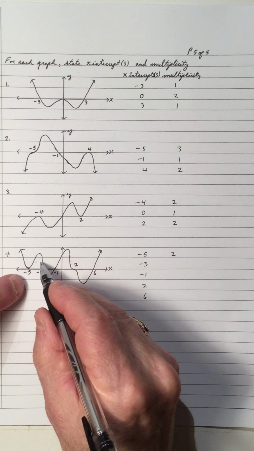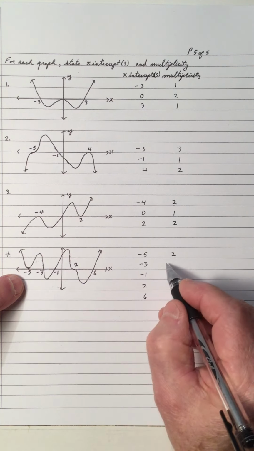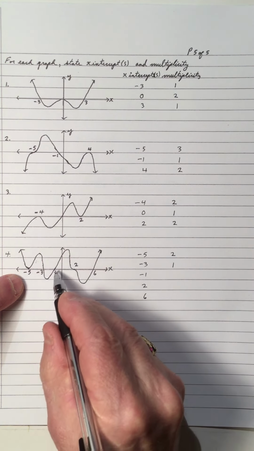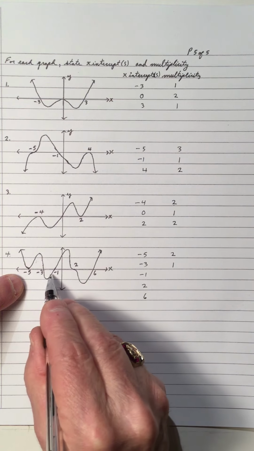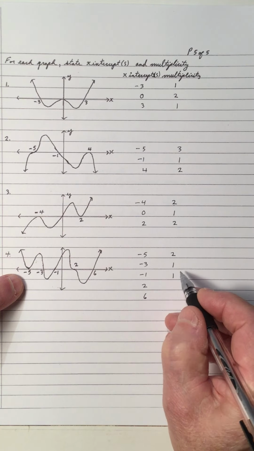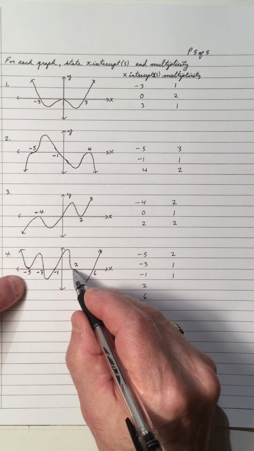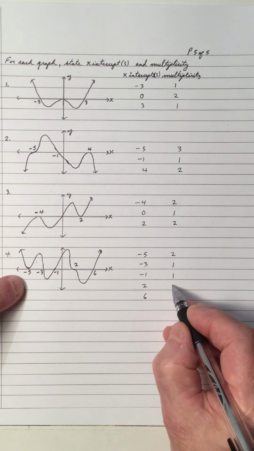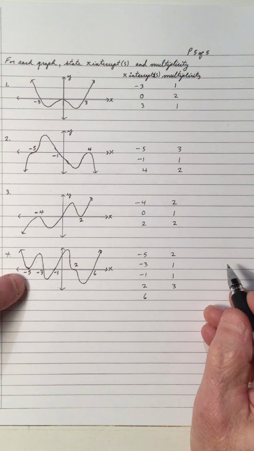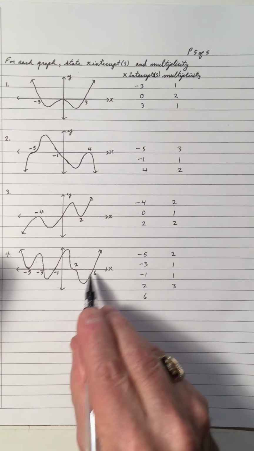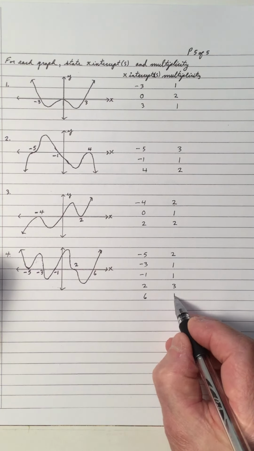This is -3 is the line, so it's a multiplicity of 1. This is the line, so at -1 is a multiplicity of 1, it's a line. And at 2, you can see there's a sideways s, so the multiplicity is 3, because it's a sideways s. And at 6 is a line moving on through.